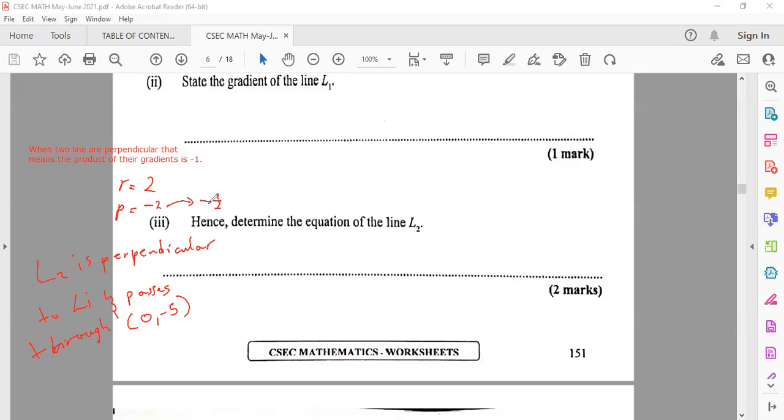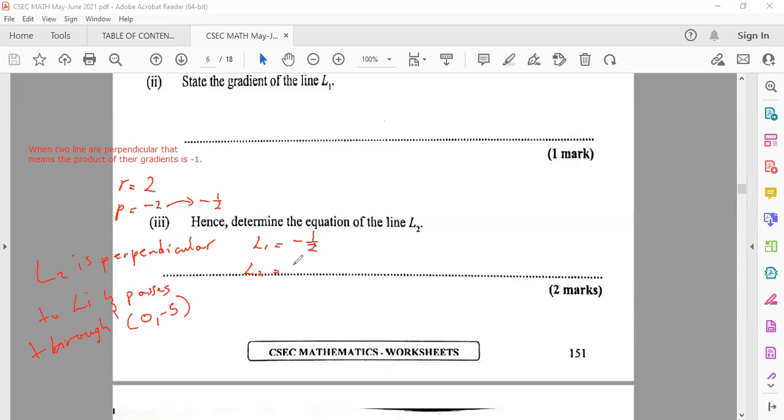Okay. So we know that the gradient of L1 is -1/2. L2 is perpendicular to L1, so we have to change the sign.